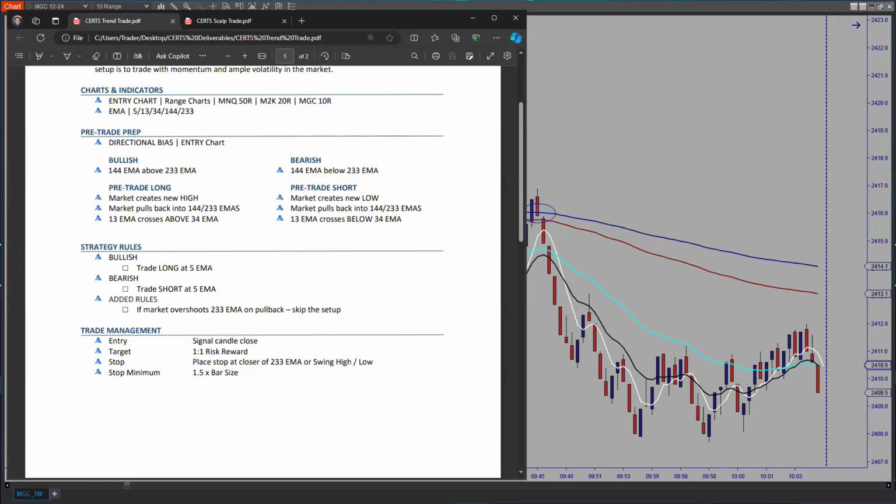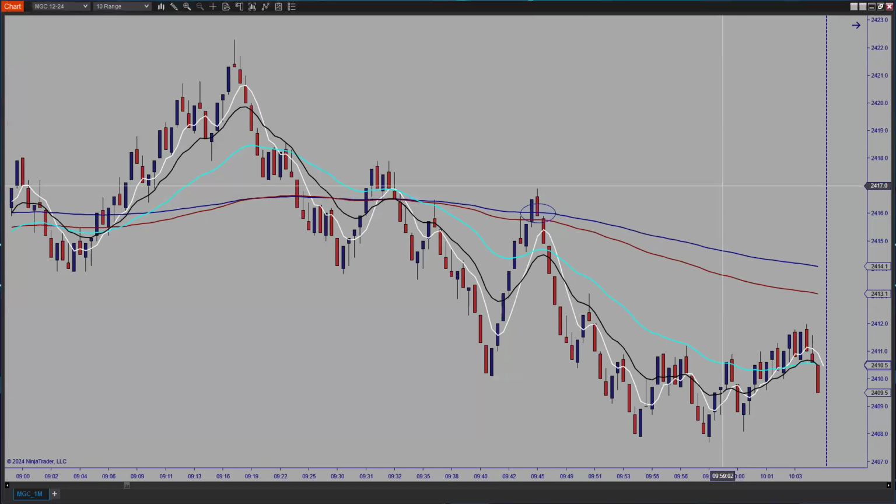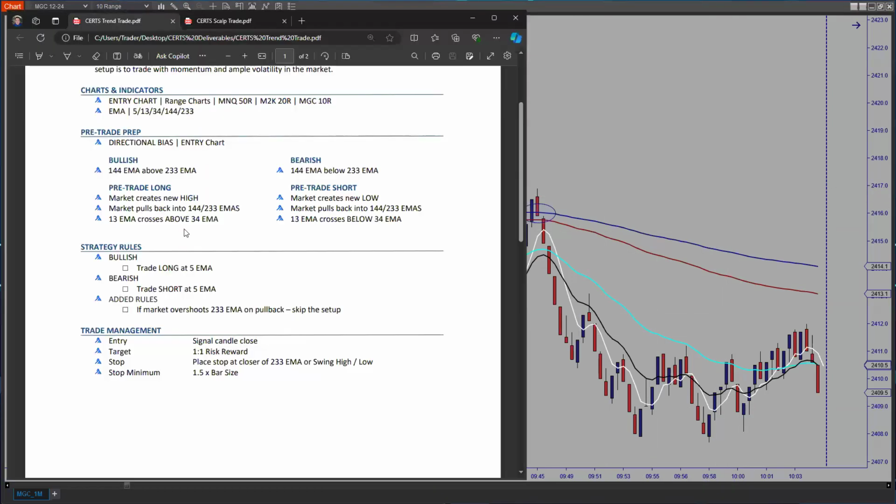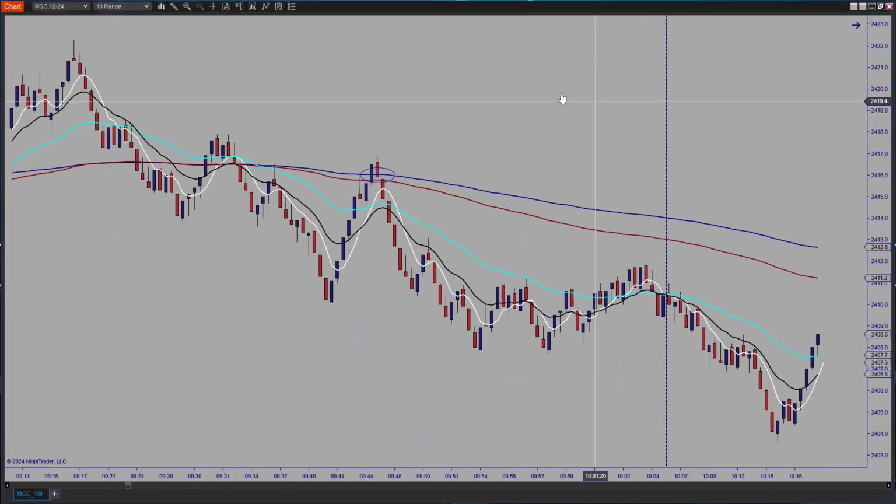Bingo, it didn't retest the 144. So the rules say it pulls back into 144 or 233. No, it did not. So keep going.